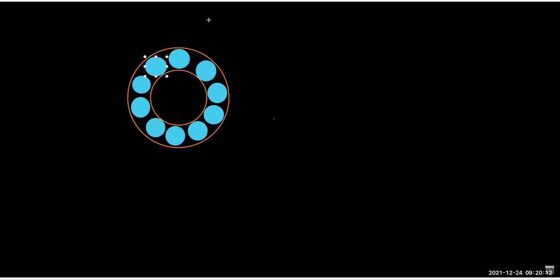Now this is the ground, and the radius is r, and the outer radius is 3r, and 2r.